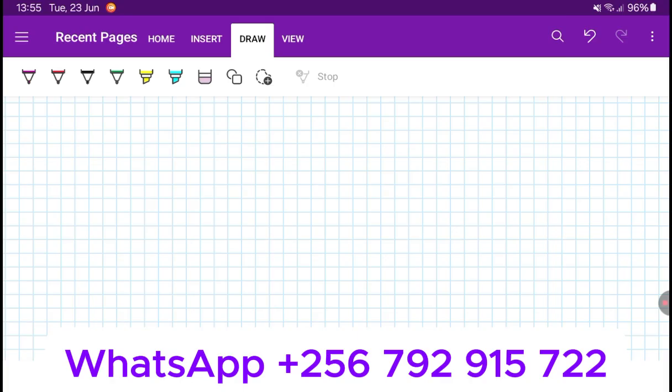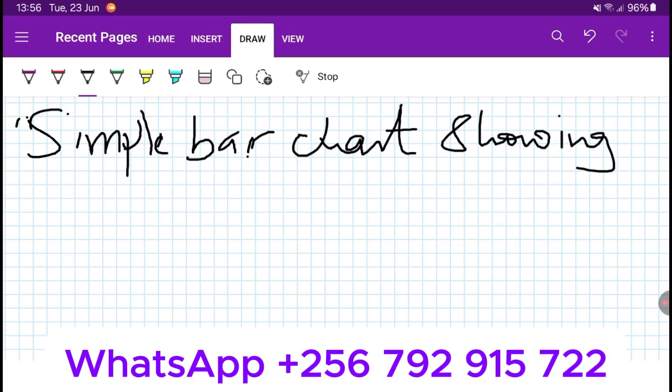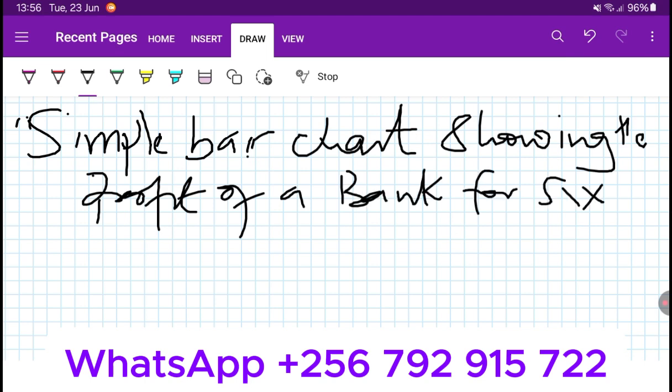Maybe let's first write the title, and of course we can say it is a simple bar chart showing the profits of a bank for 6 years.